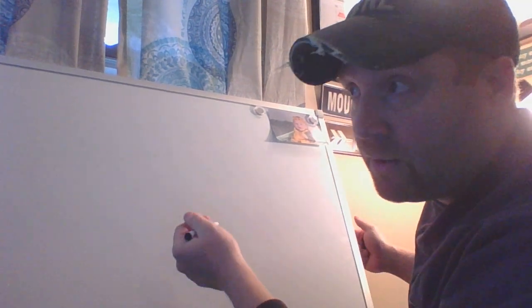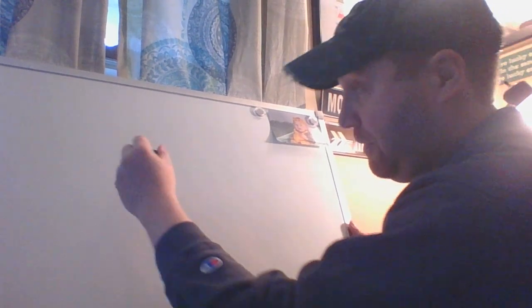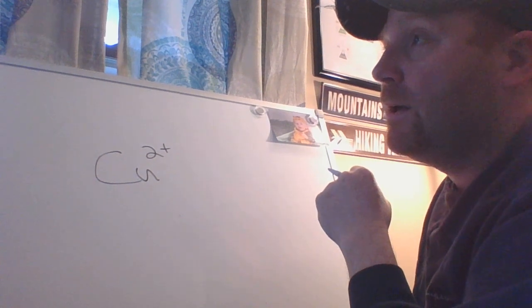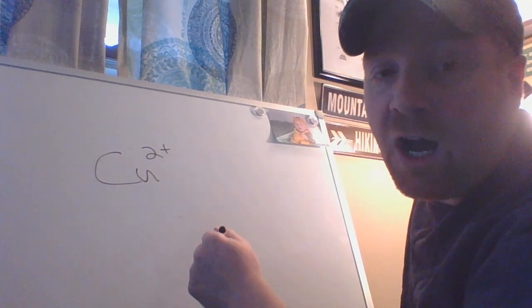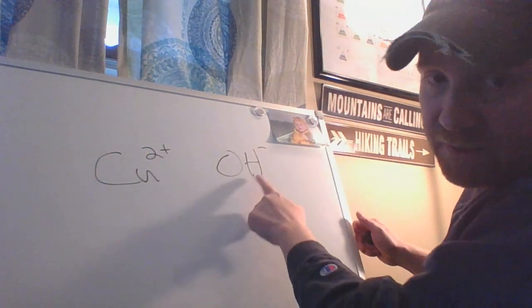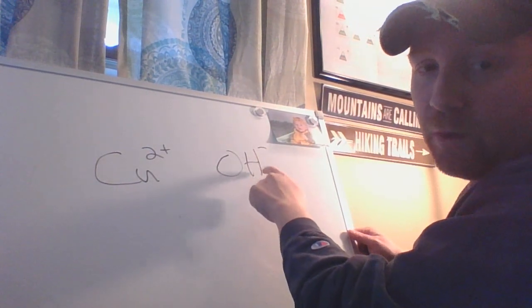Notice on your chart, there's either copper 1 that's possible or copper 2. This one is going to be copper 2, Cu2+. And I am going to use the hydroxide ion once again, OH minus. I'm using this one because we know that we're going to need more than one.